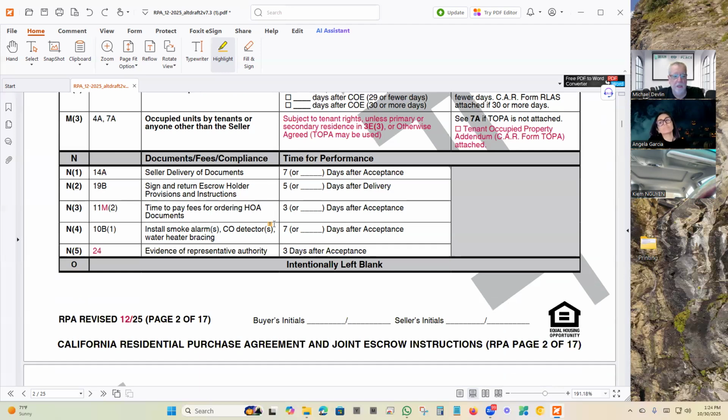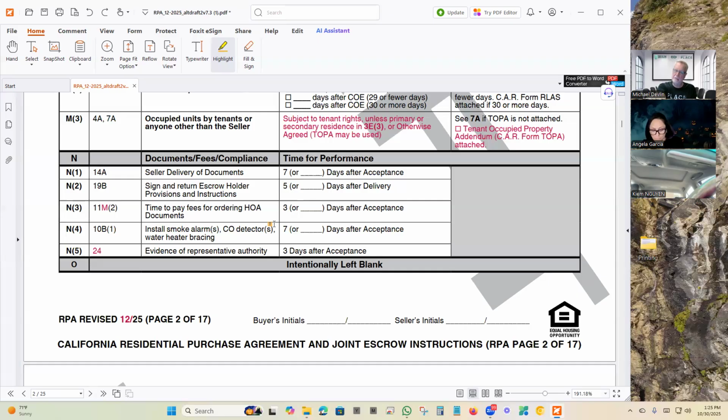Documents, seller delivery of documents: you ought to have them, if you're the listing agent, before the offer is made. An example, the transfer disclosure statement law, California Civil Code section 1102, says that it depends upon the type of delivery.